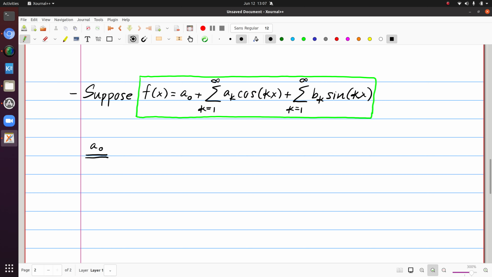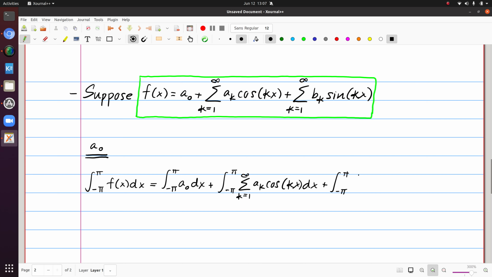So we're going to have then that the integral from minus pi to pi of f of x is equal to the integral from minus pi to pi of a sub 0 plus the integral from minus pi to pi of the sum of ak cosine kx, and then finally plus the integral from minus pi to pi of the sum of bk times sine kx.